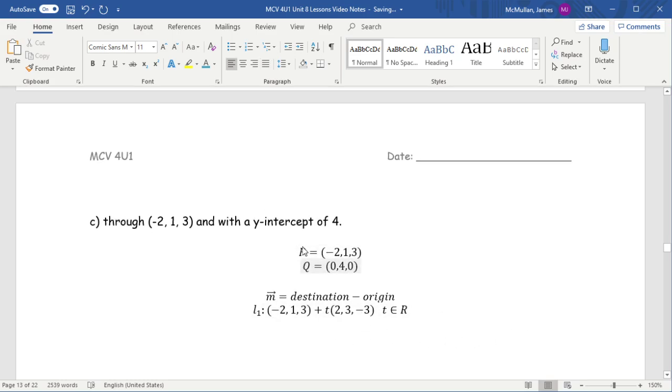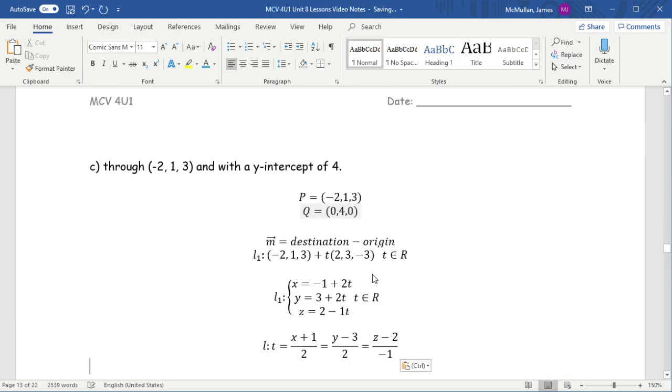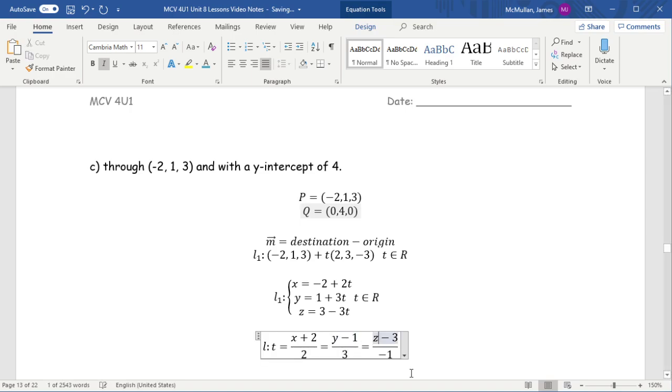So you have that. Again, just do a quick copy paste for this. I'm sure you're getting the idea. (-2, 1, 3) is the point. The direction vector is (2, 3, -3). The point goes on the top, plus 2, minus 1, and minus 3, and then the direction vector goes underneath: 2, 3, and -3.